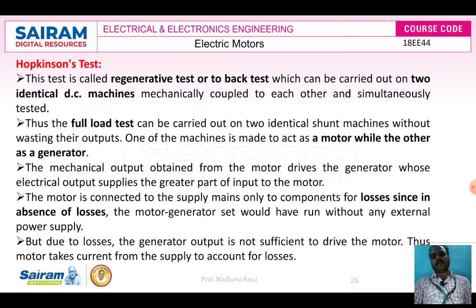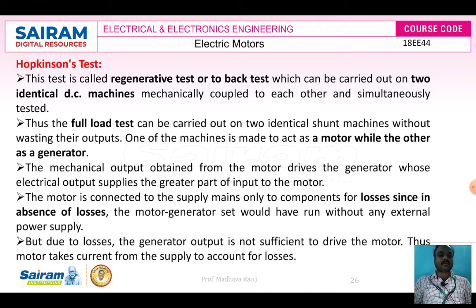So thus the full load test can be carried out on two identical shunt machines without wasting their outputs. One machine is made to act as a motor while the other as a generator. The mechanical output obtained from the motor drives the generator.